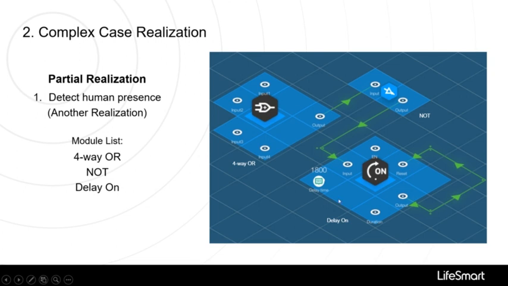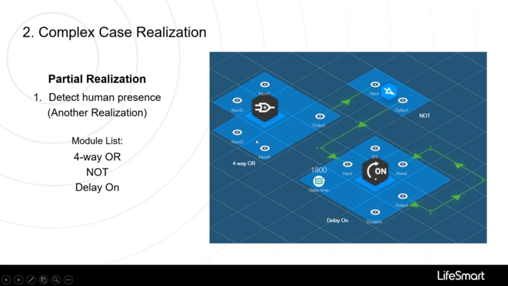The feature of a delay on is it will accept a trigger signal from the input to start to count, and once the input becomes 0, it will stop counting immediately and refresh the counting. And if the counting condition has been met, it will trigger an output to turn on devices.